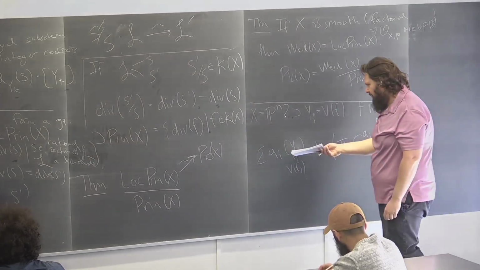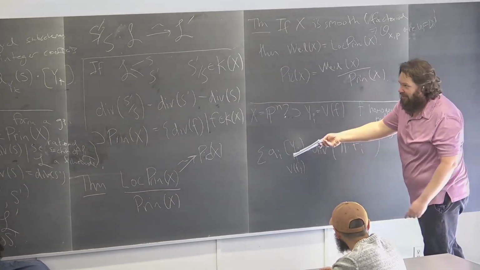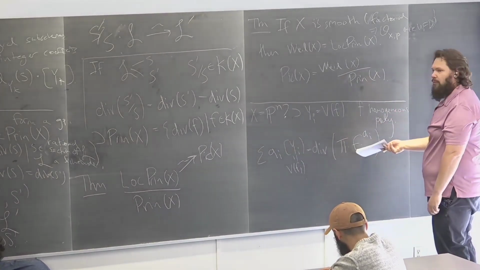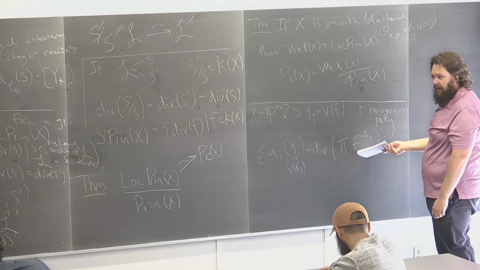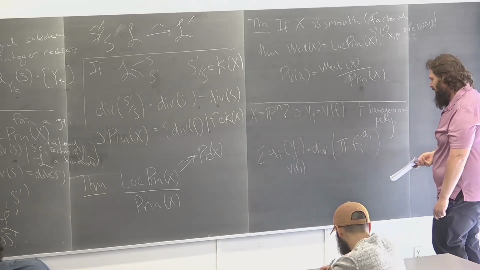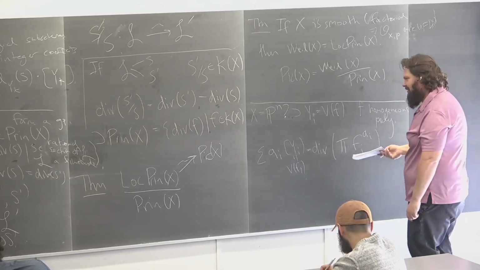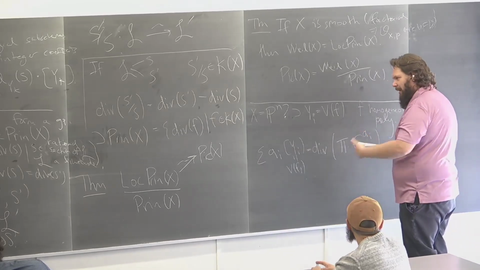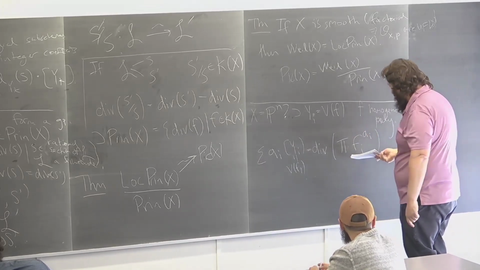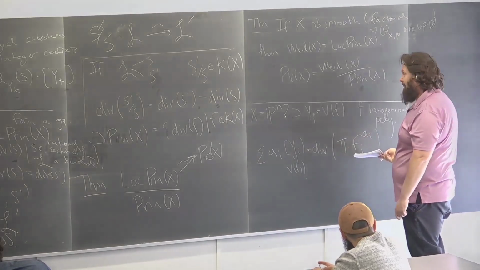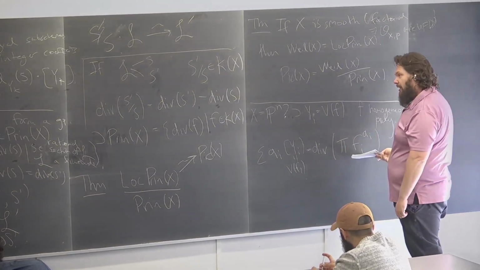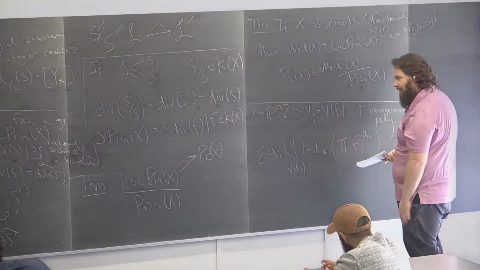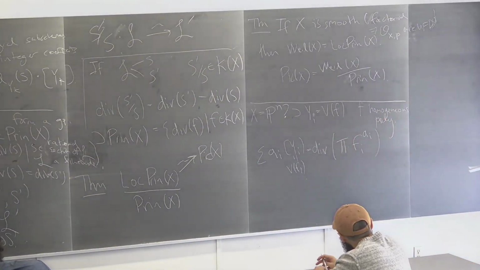Since these are all different, I can assume I don't repeat any Y_i's, so all the f_i's are coprime to each other. And so I can prove this carefully by thinking about the local ring where I localize at the prime ideal generated by each f_i, and all the other f_j's are units in that localization. So I just ignore them.